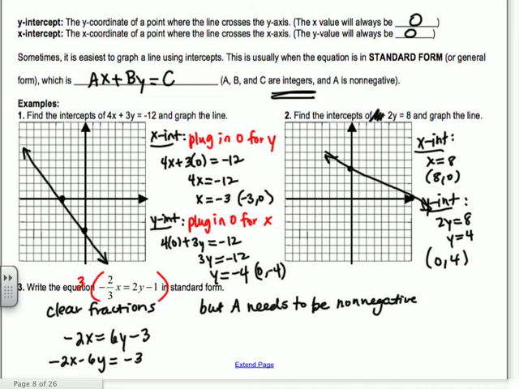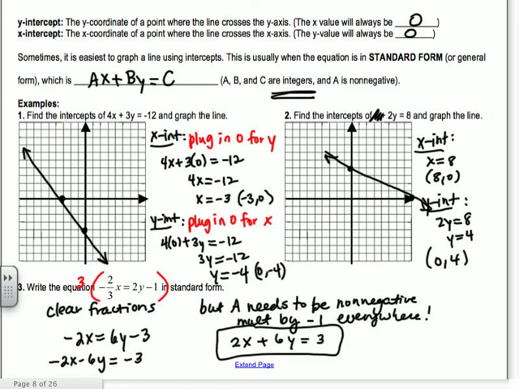What can I do? Yeah, you can multiply by negative 1, or divide. So when I do that, I get positive 2x plus 6y equals positive 3. And that's in standard form. Oh, that's the end of 2.2, isn't it? Not too bad.